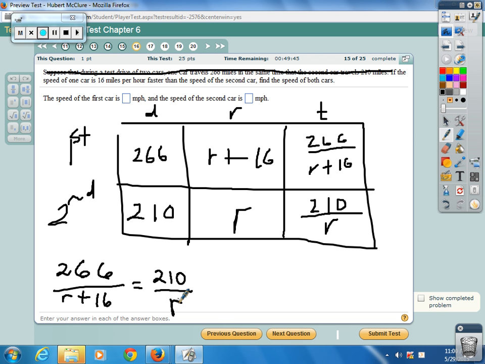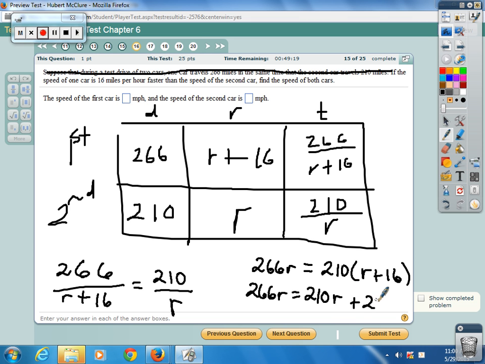All right, so 266R is equal to 210 times R plus 16. Hold up. Never mind. Keep going. Thank you. I appreciate the permission. I was confused. 266R equals 210R plus 210 times 16.